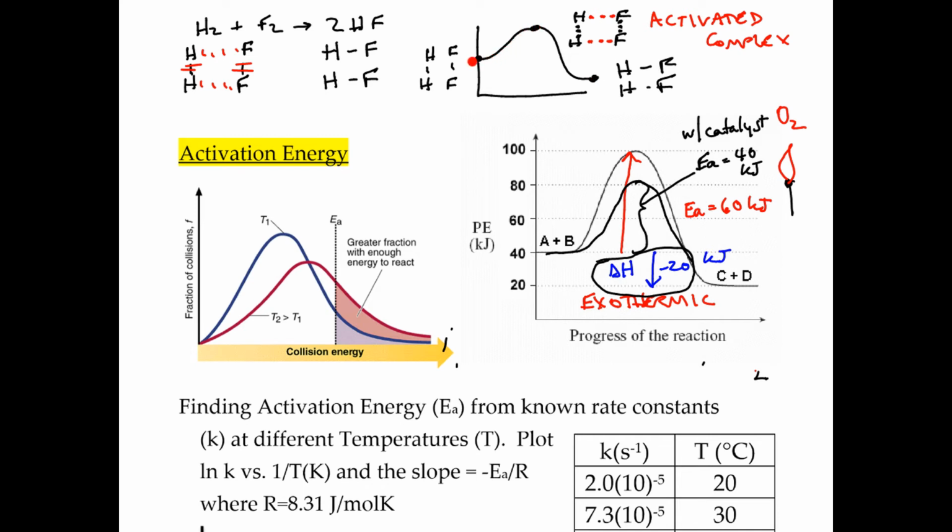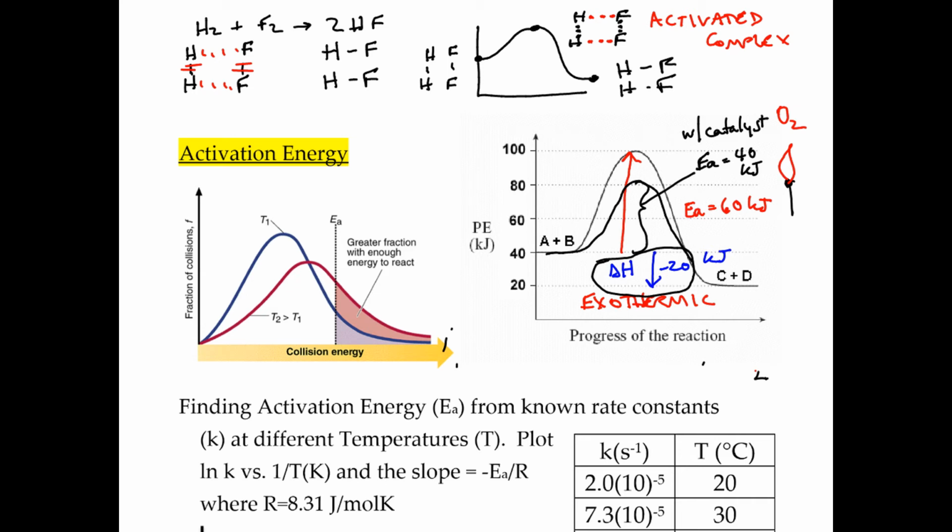You have to have enough energy to make the activated complex, and then once you have that amount of energy, the complex could form the products, or the complex could go back and form the reactants again. And the only way to make this complex is to hit with the right energy and the right orientation. So this is a representation of the complex right here.